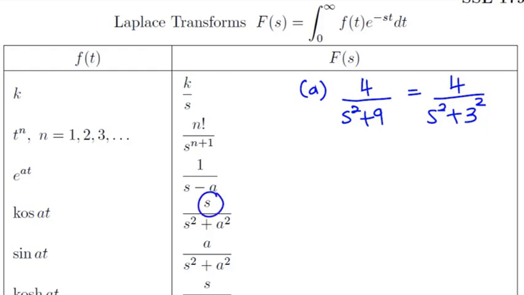So this one matches a over s squared plus a squared, and the answer should be sin(at).